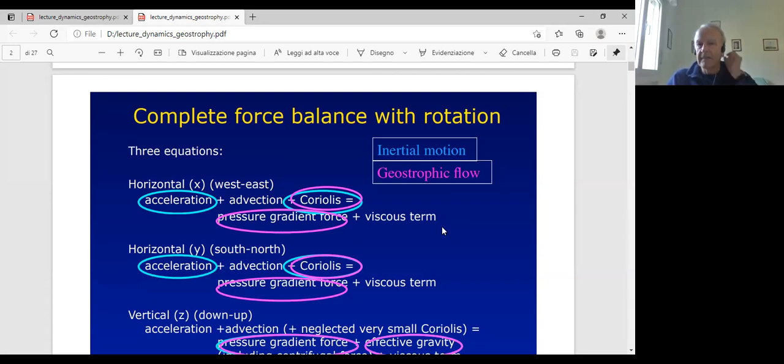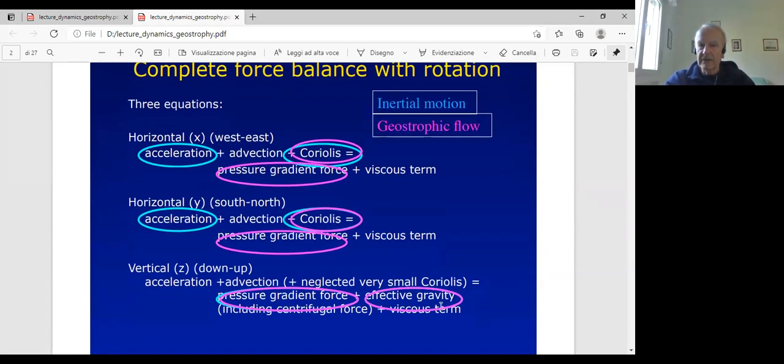In the vertical, we have just the vertical pressure gradient and effective gravity. So this is another simple linearized solution of the equations of motion, which you will see later is a rather good approximation of the large scale world ocean circulation.